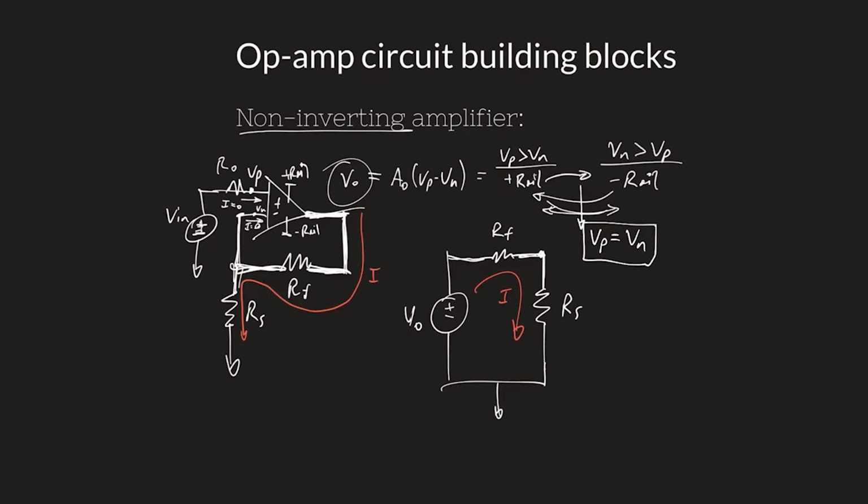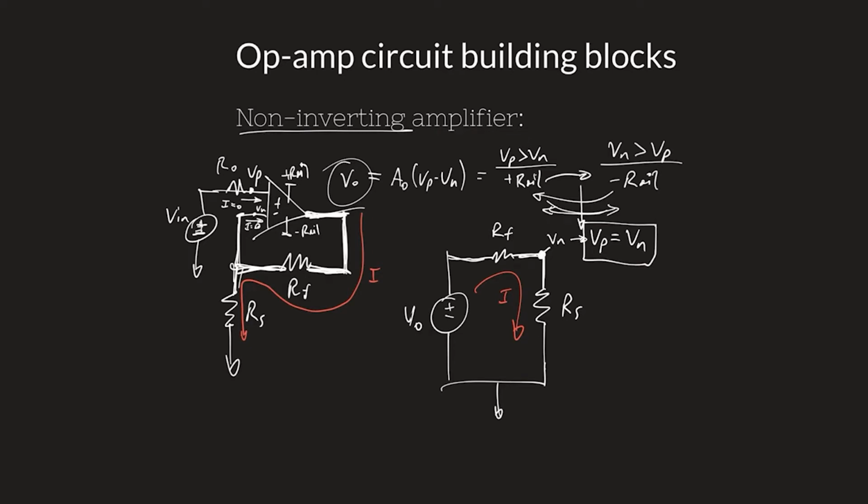The negative feedback stabilizes the output such that Vp equals Vn. So that allows us to relate this Vn to now Vp. So we know that Vn equals Vp, so this node now we can call Vp.